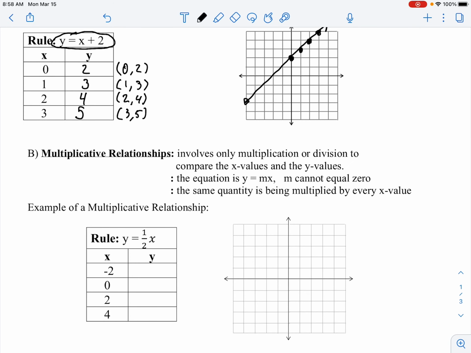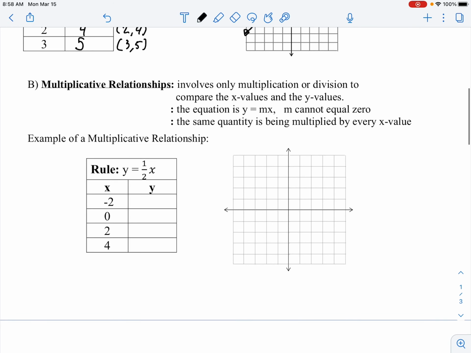Alrighty. Now on to multiplicative relationships. This involves only multiplication or division to compare our x values and y values. In this case, the function will look like y equals m times x, and m cannot be 0.